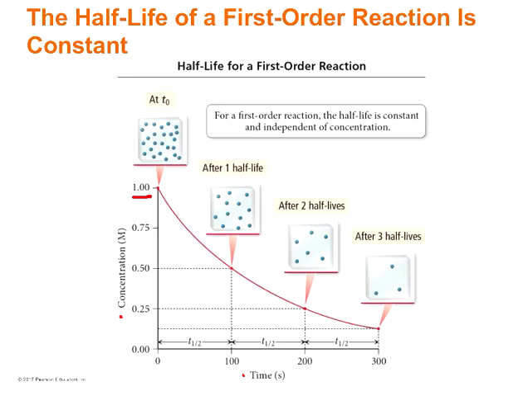Now after one half-life, which is about 100 seconds, we'll have 0.5 moles per liter of our reactant. And then after another 100 seconds, we end up with 0.25 moles per liter, and the trend continues. And again, this half-life of 100 seconds does not depend on the initial concentration of the reactant.